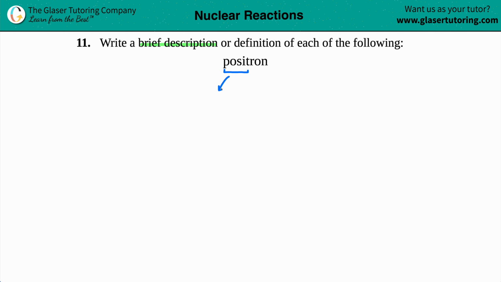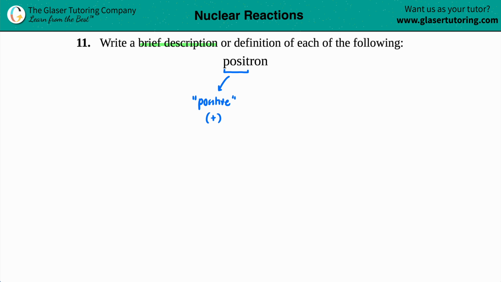What word is associated with if someone or something is positive? What word comes to mind? Might be a little bit of a stretch, but did you say the word positive? That's the correct word. So this positron has to be some type of positively charged something.